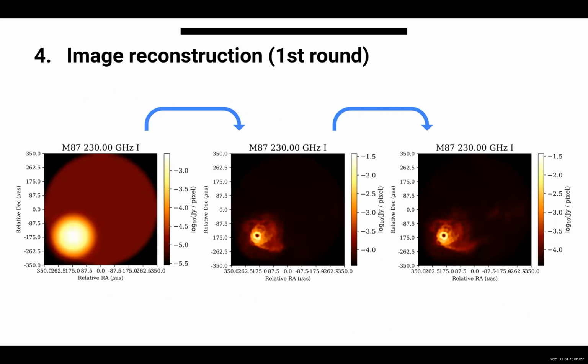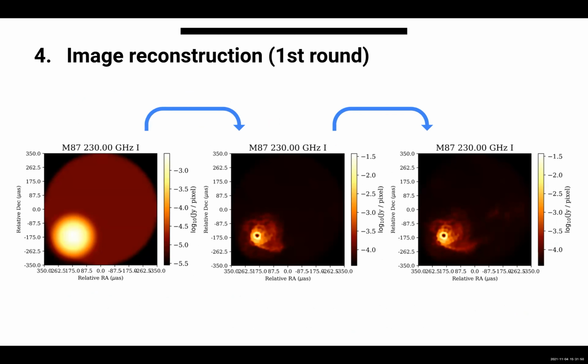This is an example of the kind of images that we are getting during the process. We start with the image you see on the left, which is the initialization image that we defined. After some iterations, we come to the image in the middle, which looks very similar to our ground truth image already, but we are still not seeing any extended flux that we know is there.